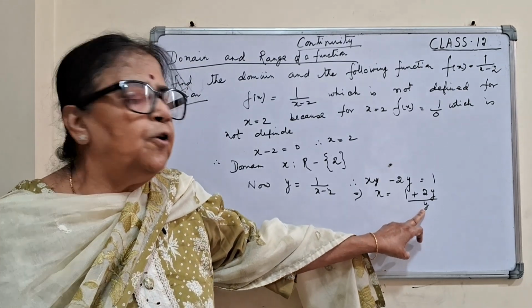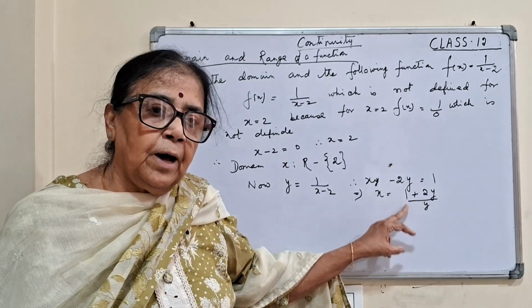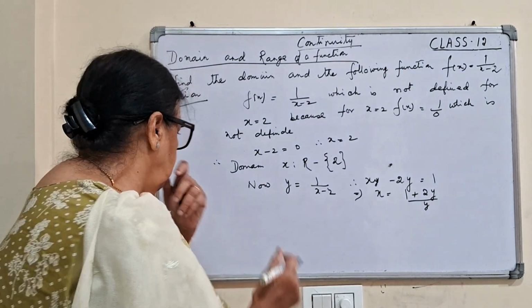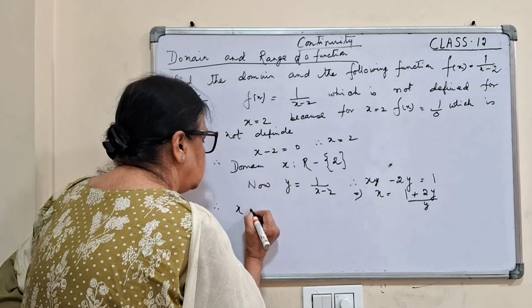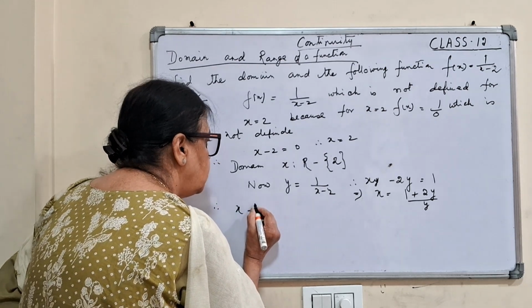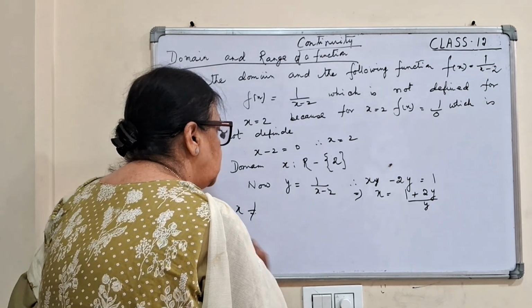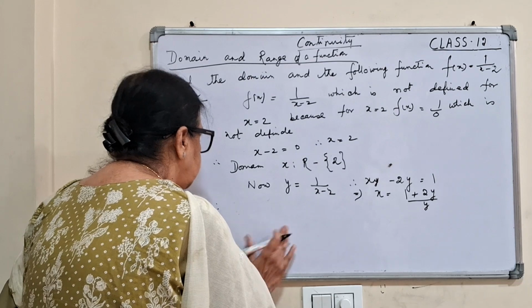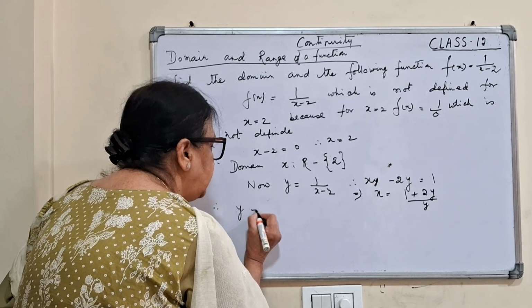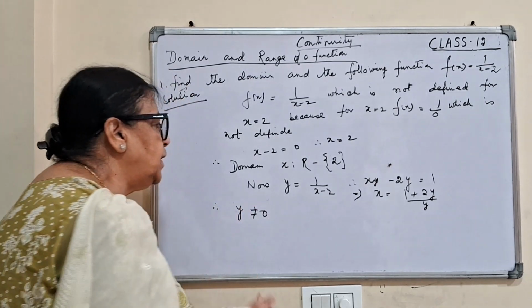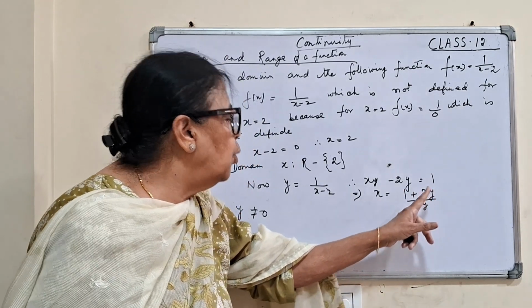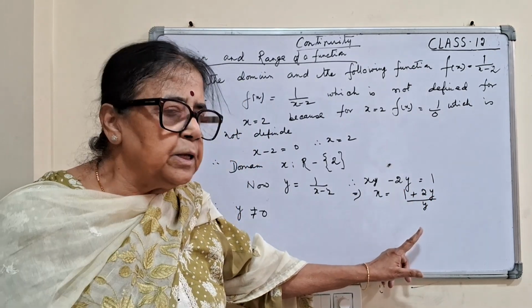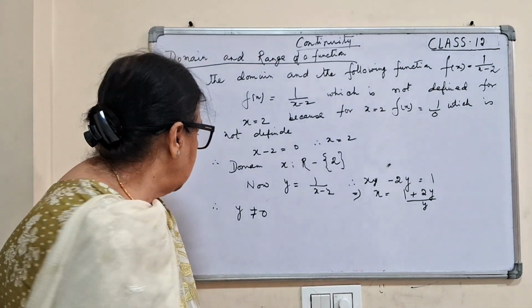It is defined for y not equal to 0. If y becomes 0, then 1 plus 0 divided by 0 is not defined.